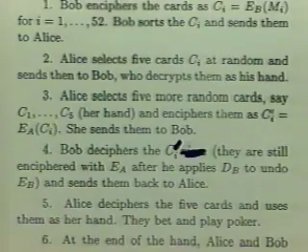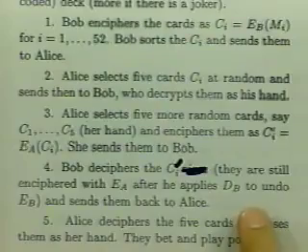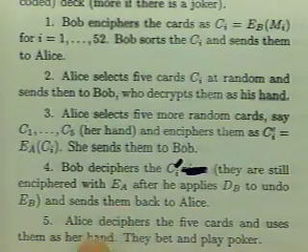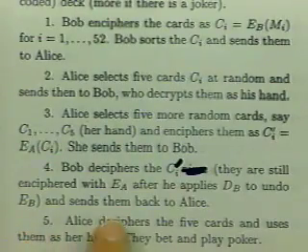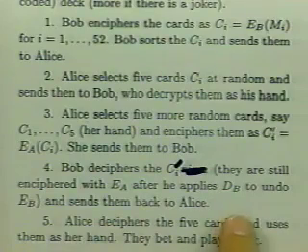These are still enciphered with EA even after Bob applies DB to them to undo EB. This is where we use the fact that it doesn't matter what order you do these in.